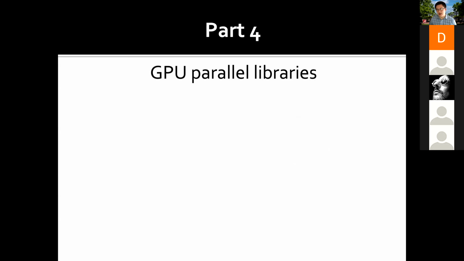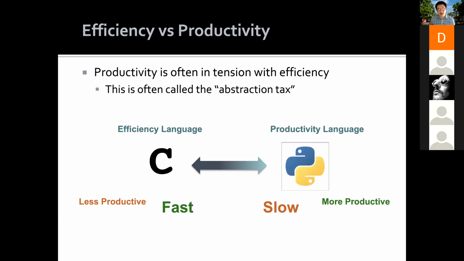Okay, and finally for this deck of slides, I want to mention some GPU parallel libraries. For example, now people are using TensorFlow or PyTorch or some software to execute the deep learning framework, right? But all the high-level code is based on Python, but the backend efficient libraries are all based on C or C++ implemented CUDA code, right?